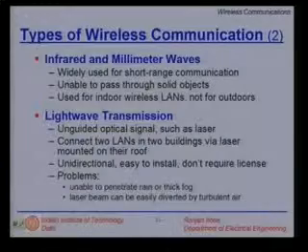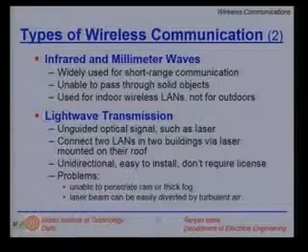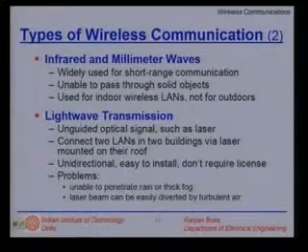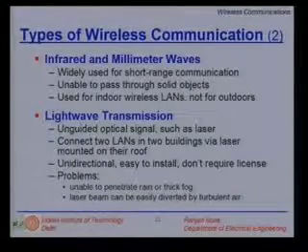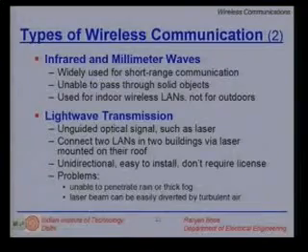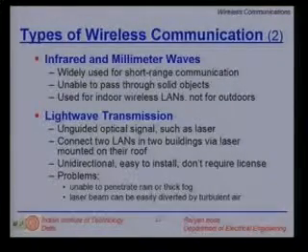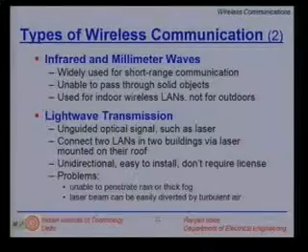These now are used for short range communication, simply because we get a high level of attenuation for millimeter waves. Infrared does not pass through solid objects and walls. We use IR for your remote control in the TV, but today IR can be used to build a small personal area network.